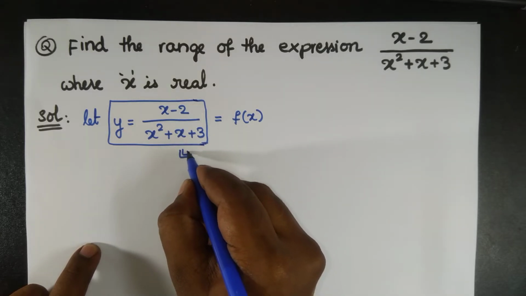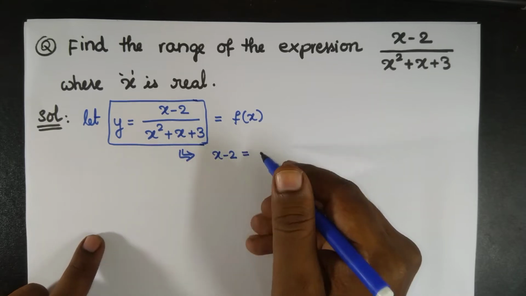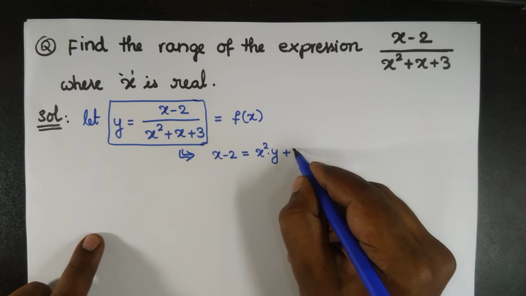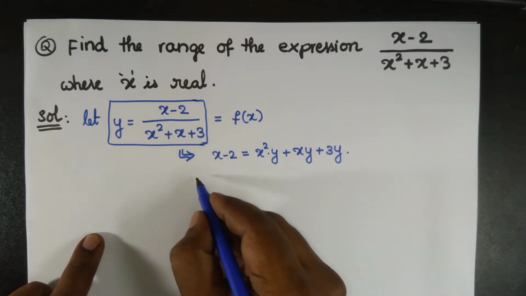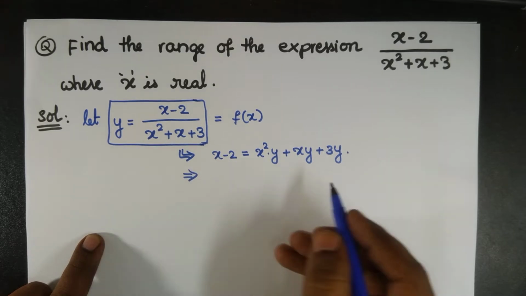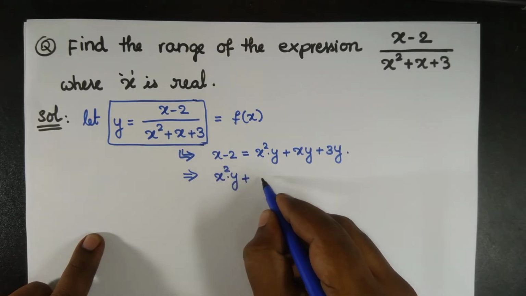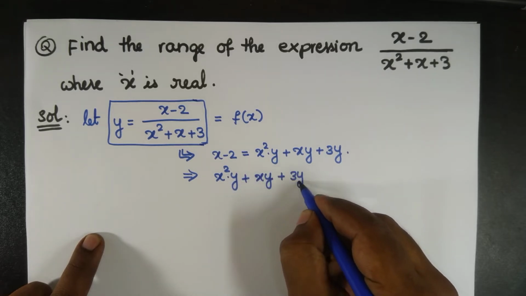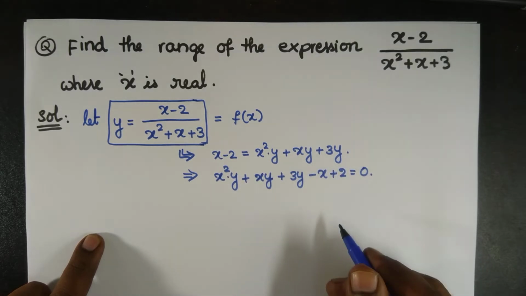From this you just cross multiply. x - 2 equals x squared y + xy + 3y. Now you can rearrange this stuff. So we get x squared y + xy - 3y - x + 2 = 0.